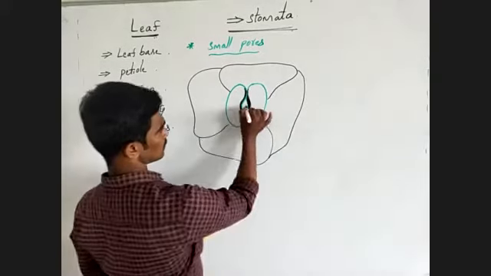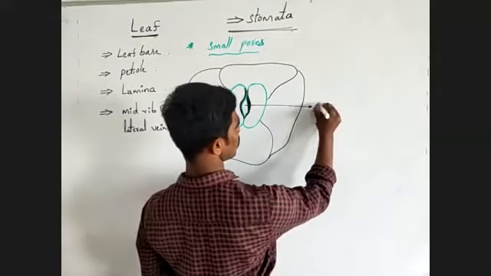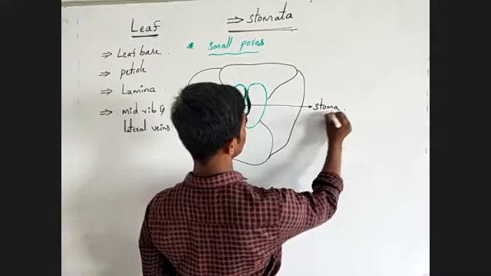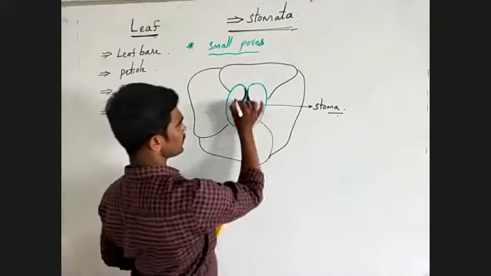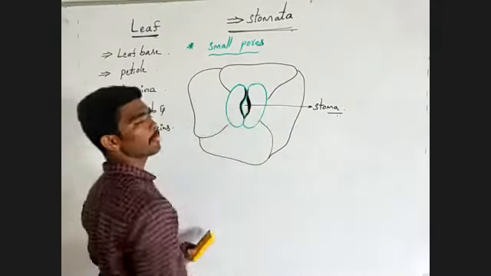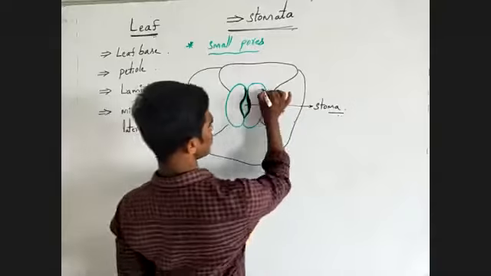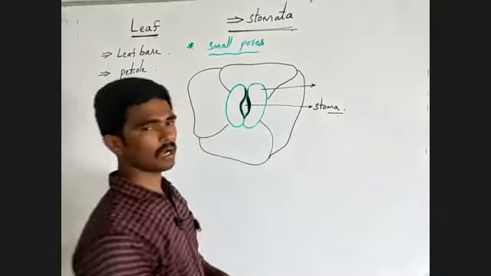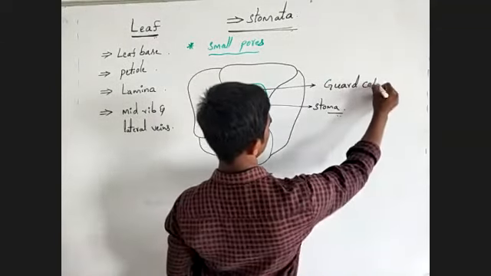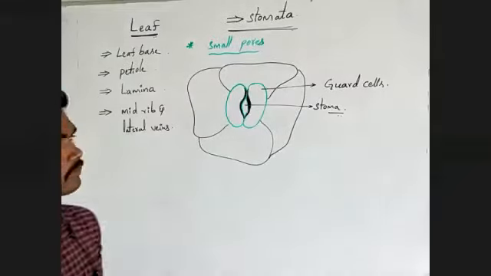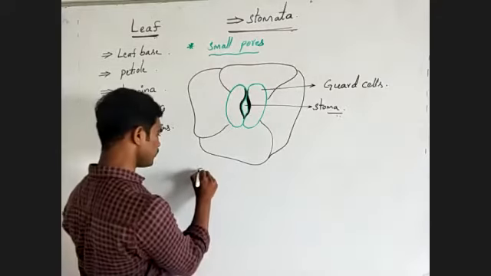Observe, this is a stomata or stoma. This stoma is surrounded by two bean-shaped or kidney-shaped cells. These bean-shaped, kidney-shaped cells are called guard cells. Observe here, guard cells.